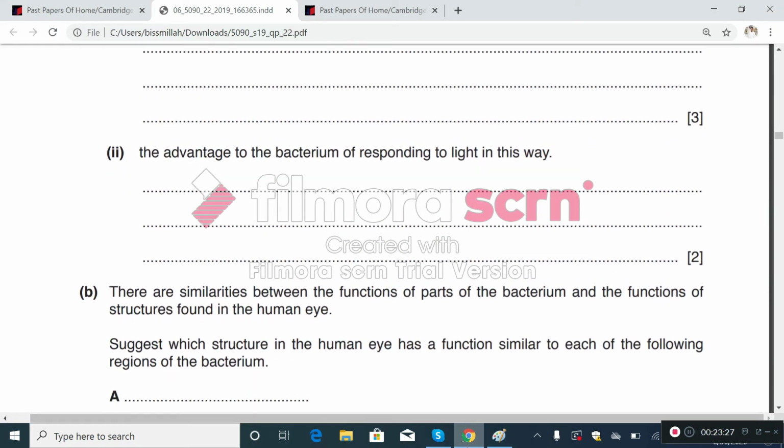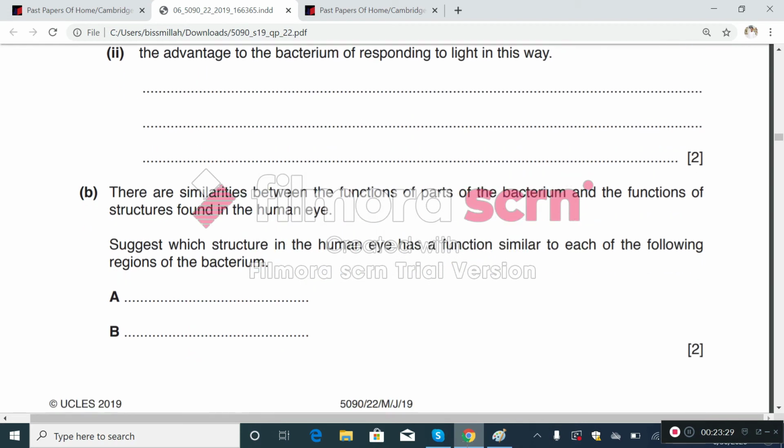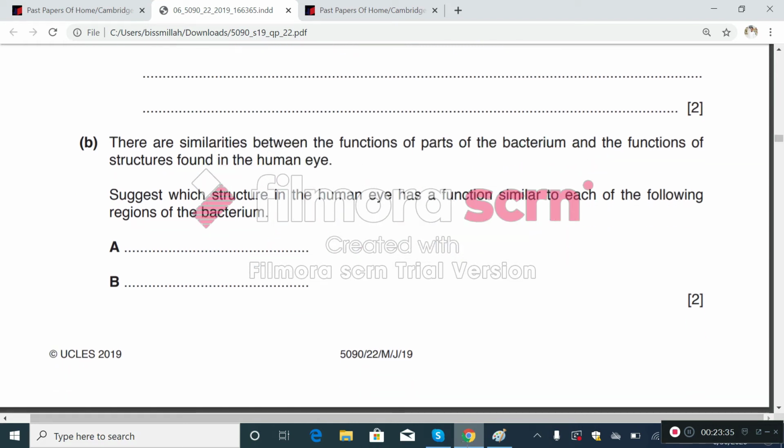In part B, there are similarities between the functions of parts of the bacterium and the functions of structures found in the human eye. Suggest which structure in the human eye has a function similar to each of the following regions of the bacterium. Actually, when we talk about the structure of the human eye, we have receptors at the retina.